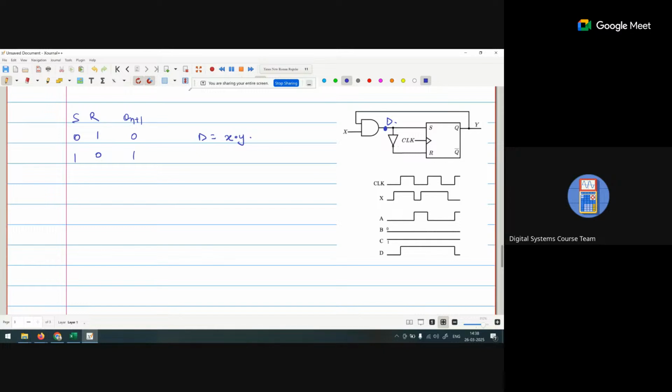Qn. So D is nothing but X, Qn. So we consider the situation when S, R, and Qn are the input, and Qn plus 1 is the output. So we can see that only S is important for X.